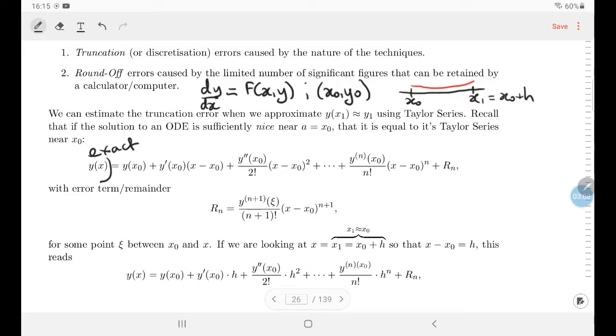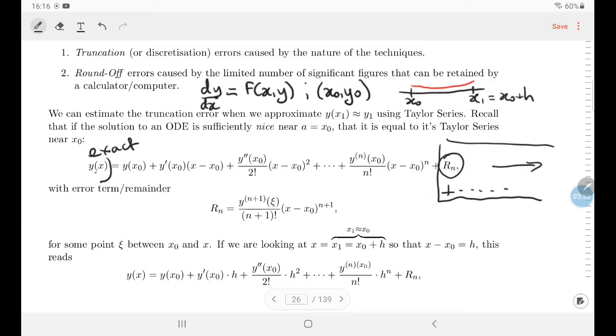Now, what you have here, the thing at the end, this sum goes on forever and ever, doesn't it? So the Rn is that forever and ever bit. So it's the difference between the exact solution and, say, the first n+1 terms.